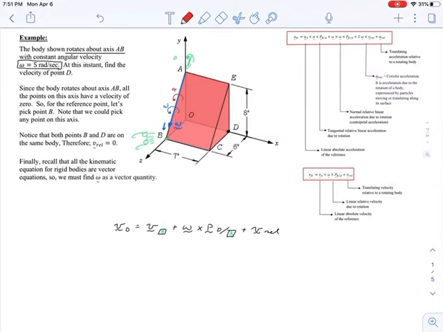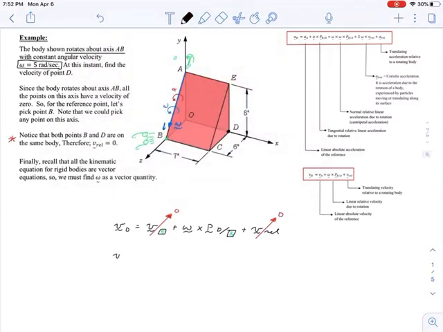Any point on the axis at which the rigid body is rotating has zero velocity, and B is on that axis, so V_B is equal to 0. Also, if we look at this note here, if two points are on the same body, the relative velocity is equal to 0. So V_rel is equal to 0.